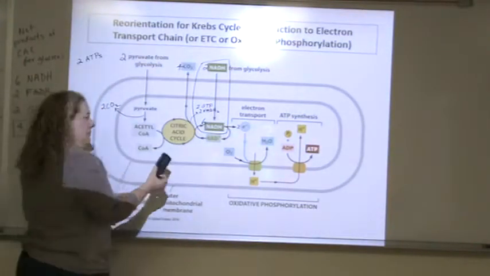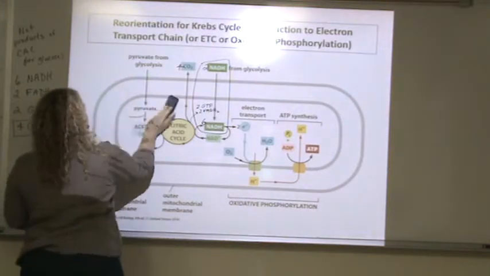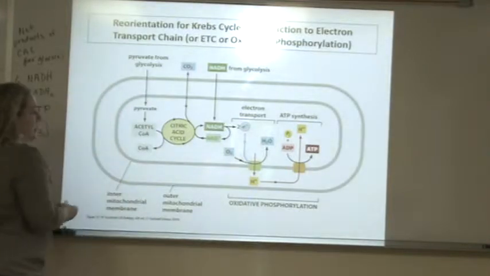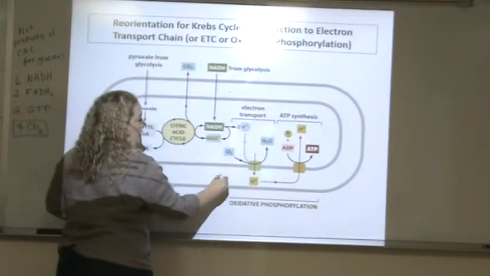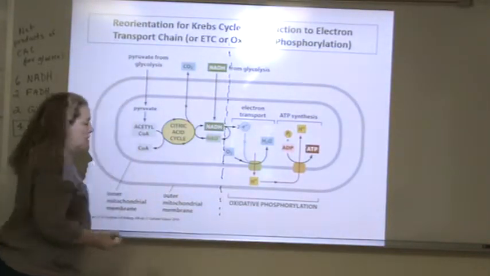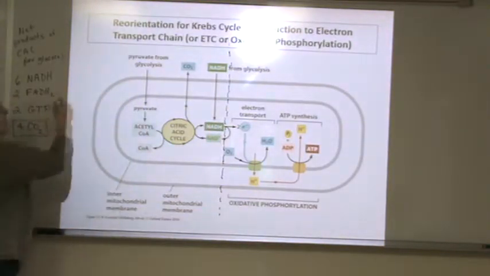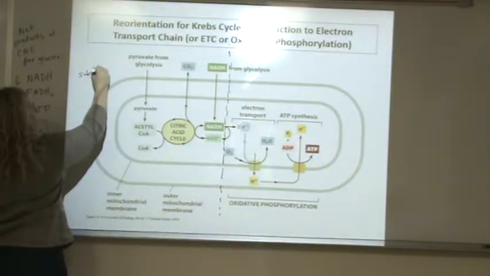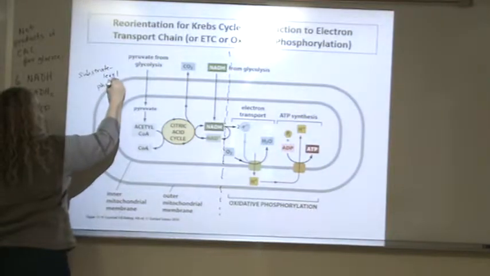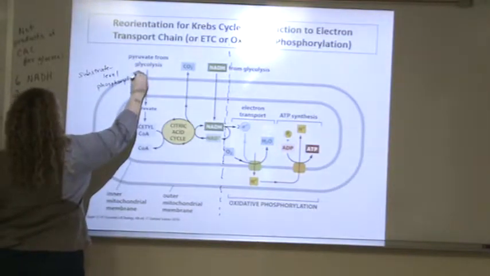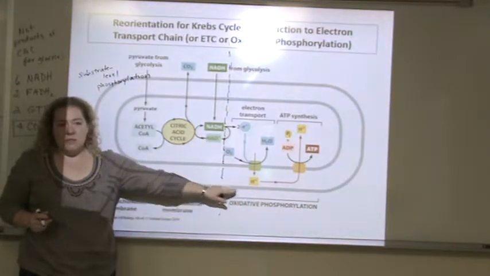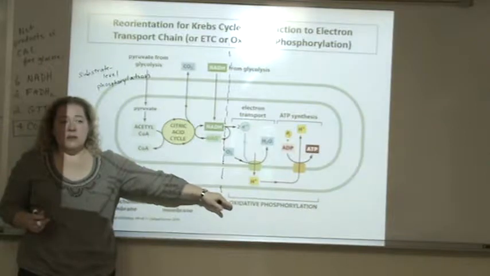The other thing I want to remind you of, or maybe introduce for the first time, is that all the ATPs and GTPs that we've made up until this point were made by substrate level phosphorylation, as opposed to oxidative phosphorylation that the electron transport chain does.